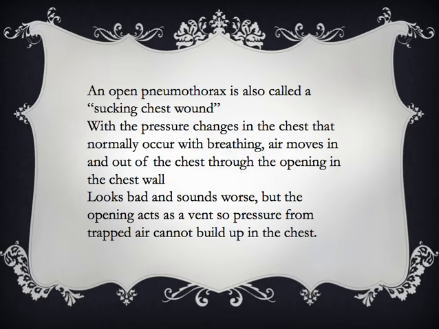An open pneumothorax is also called a sucking chest wound. Basically, it sucks air through that hole in the chest wall. They look bad, they sound bad, but in reality, they're not as bad as a closed pneumothorax because the air can vent, so it stops the pressure from building up and a tension pneumothorax from occurring.